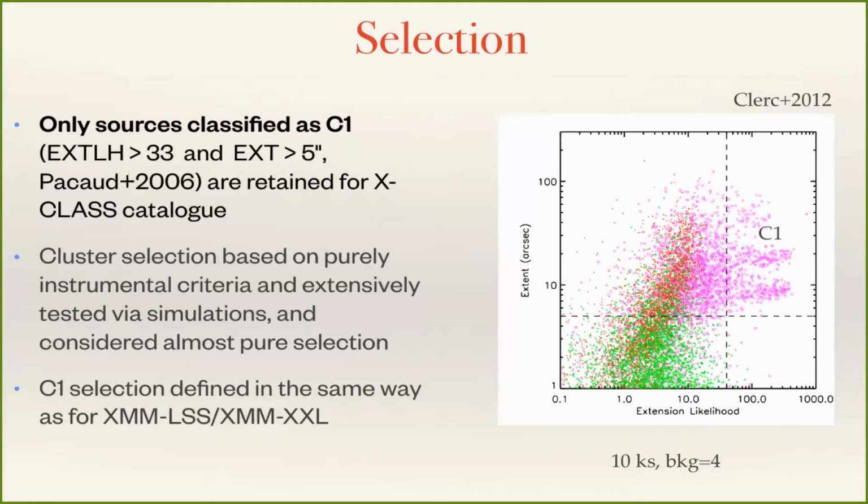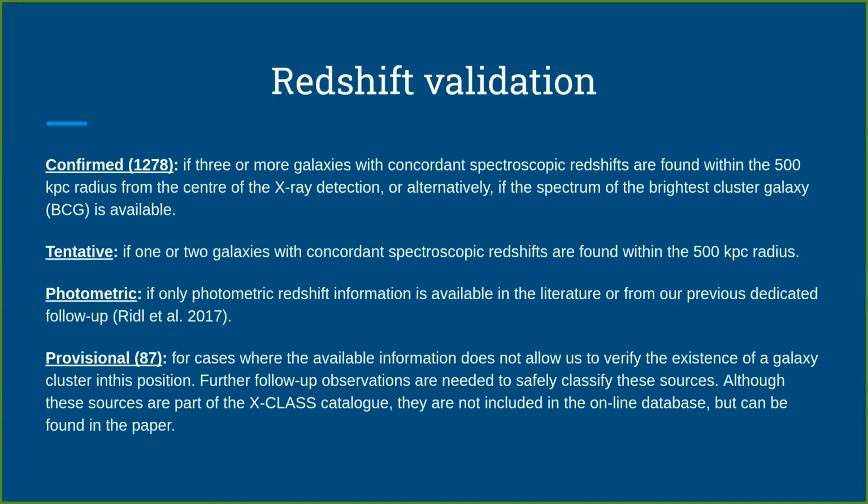Of course, the reality is a bit different from simulations. So we have visually screened all candidates, and after the screening, we have confirmed all the candidates, all clusters, one by one with spectroscopic redshift. This is work that we have done at the National Observatory of Athens. We have also separated our clusters into 4 categories.